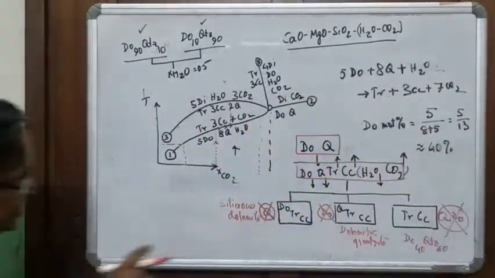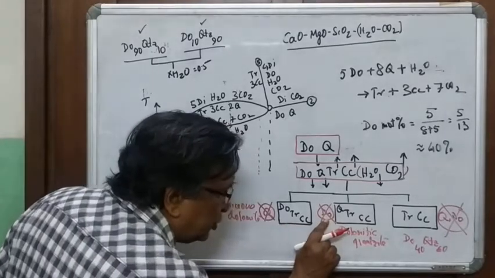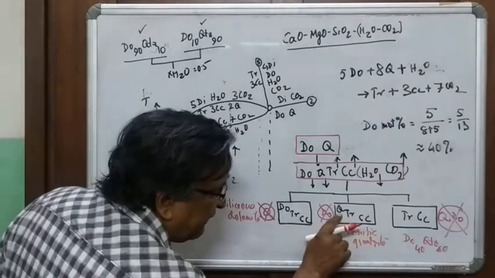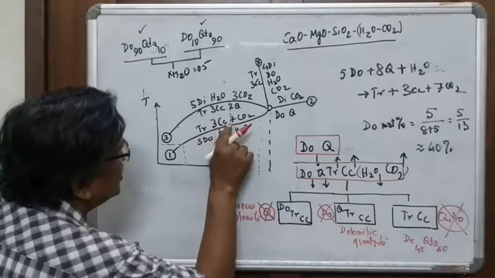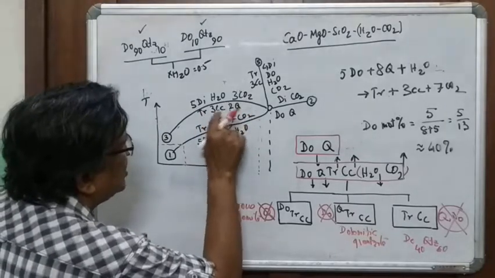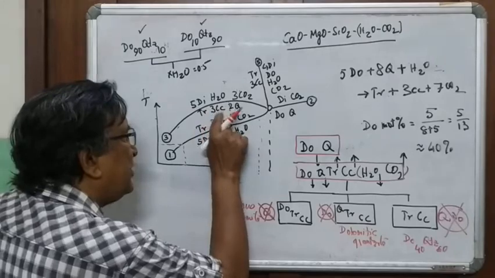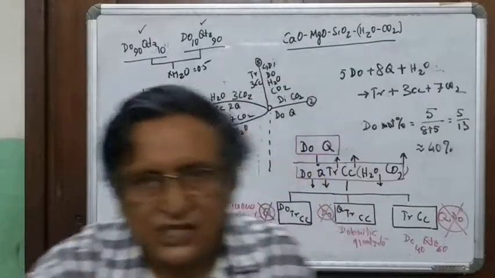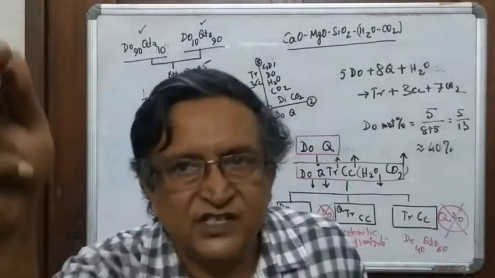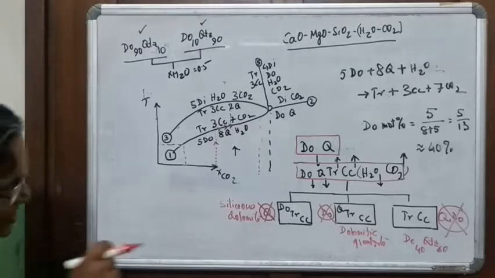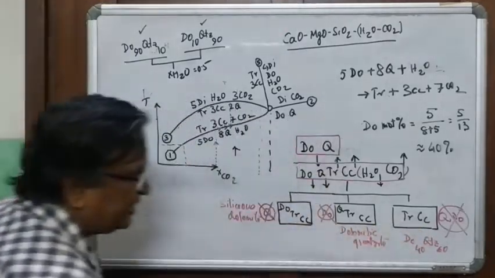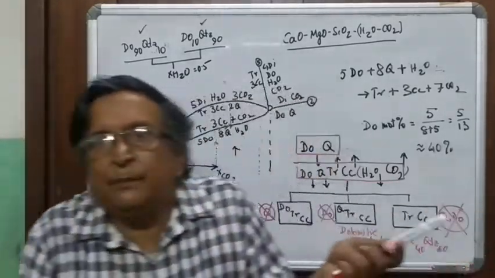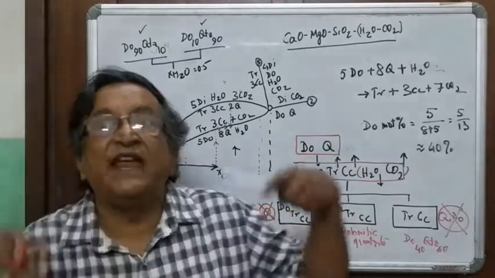Now let's look at what happens. Here, if dolomite is consumed, as in dolomitic quartzite, then you will have quartz, tremolite, calcite. Now you see, here you have tremolite, calcite, quartz reacting in the ratio 1:3:2, and so this reaction will operate. This reaction will not be overstepped. But look at this. If you have tremolite, calcite, that means dolomite is consumed, because they were in the proportion in which dolomite and quartz reacted.